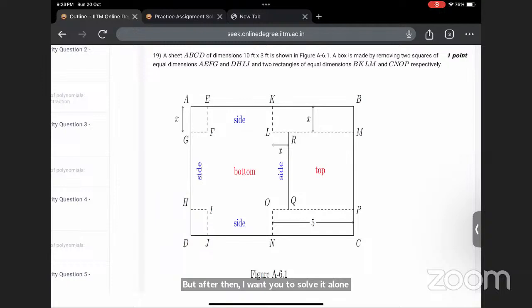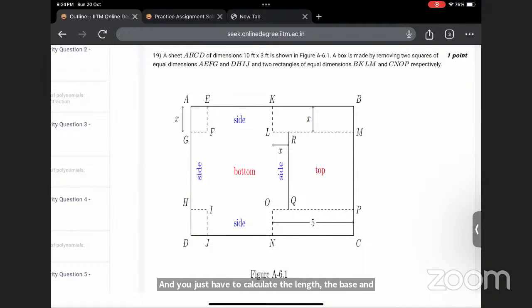Ma'am, these types of questions are somewhat tricky. No, not that tricky. Confusing. Why confusing? It's a 10th level question, no? You have the sides, you have all the data given here, and you just have to calculate the length, the base, and all. Then you just have to apply the formula.